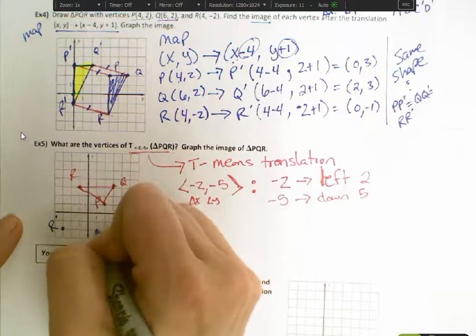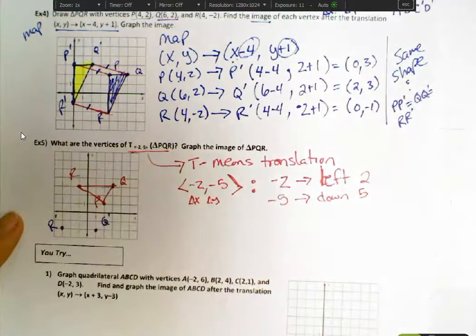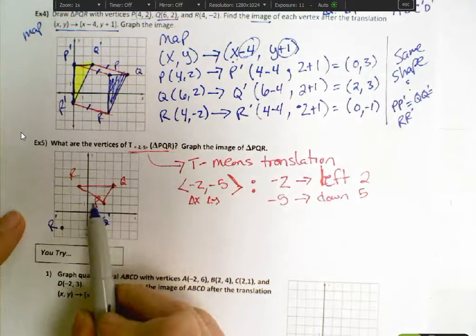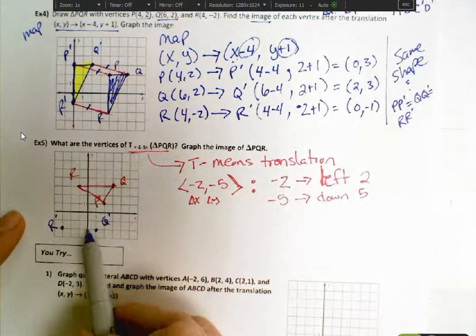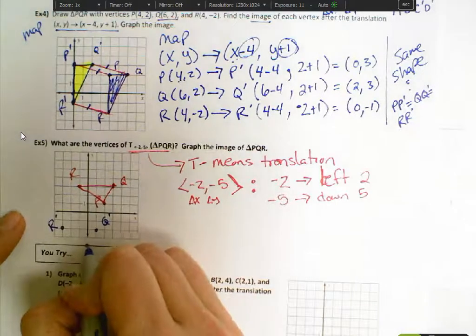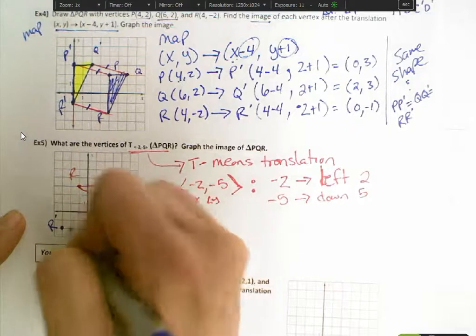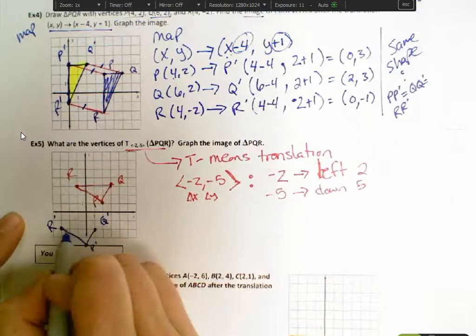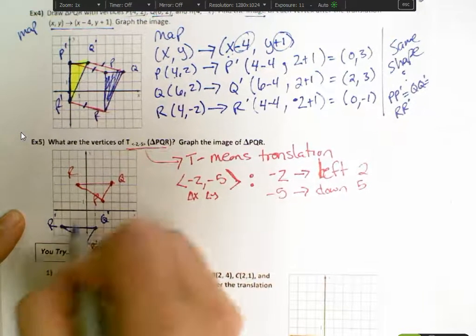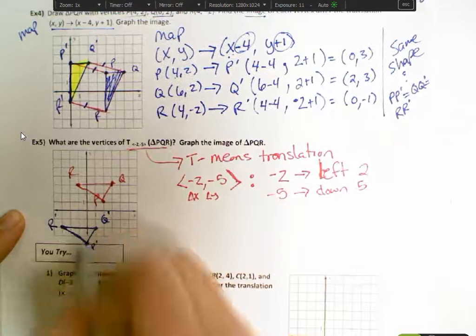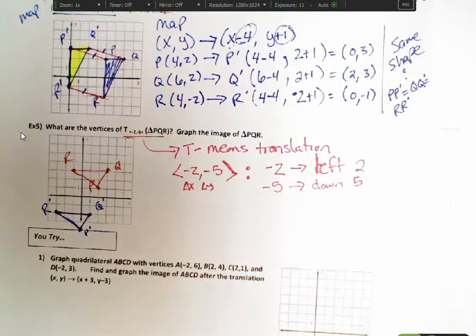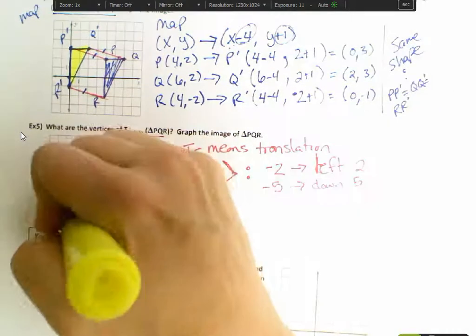That's my image, so it's Q prime. Left 2, 1, 2, 1, 2, 3, 4, and I didn't give you enough lines, so we'll just call that P prime back there. I should end up with a triangle that is exactly the same shape, just shifted left 2 and down 5. This becomes my image.